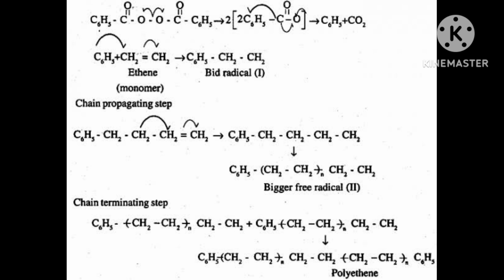CH2 is the repeating unit, hence for CH2 you write it in the bracket with a small n outside. Both sides have C6H5. Suppose this bond breaks, then both ends will be free for further joining. Correct? This is the chain terminating step, and this is called polythene.